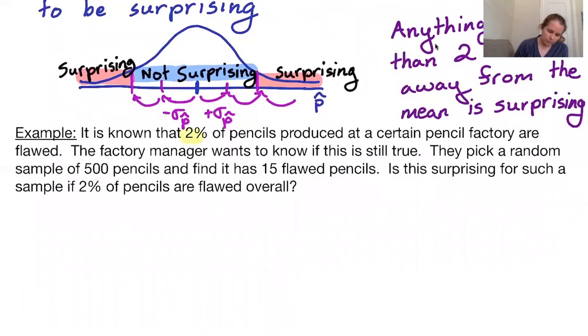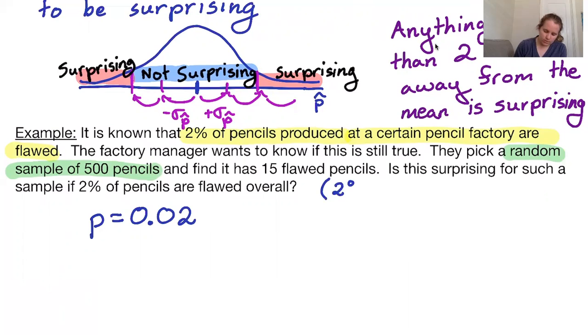So we have 2% of pencils produced are flawed, and then we are picking a random sample of 500 pencils. So we know that our population proportion is 2%, otherwise known as 0.02. Just a reminder, to go from percent to decimal form, we do 2% and then just divide by 100% to get our decimal form.